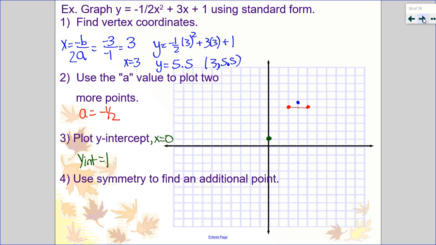So I graphed y equals 1. And so notice from the line of symmetry, that was 3 units to the left, so I go 3 to the right, and then I can graph my parabola. So I used symmetry. My y-intercept was 1, 2, 3 units from that line of symmetry, 3 to the left, so I have to go 3 to the right to find the other point.